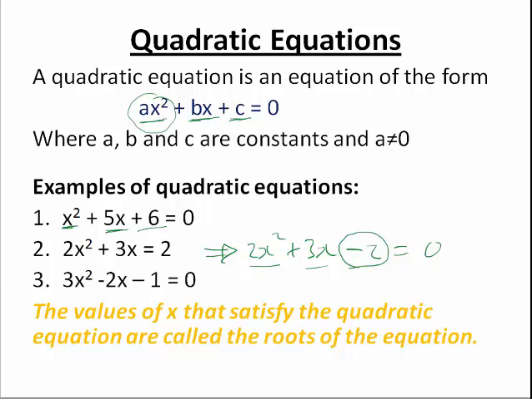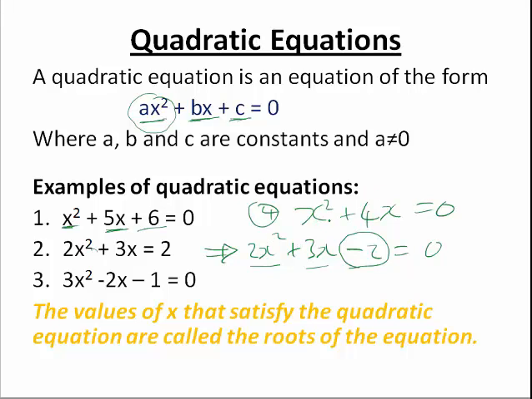Before we leave here, I will need to let you know that it mustn't be that. Another example, say 4, could be x squared plus 4x is equal to 0. Is this a quadratic equation? Yes.